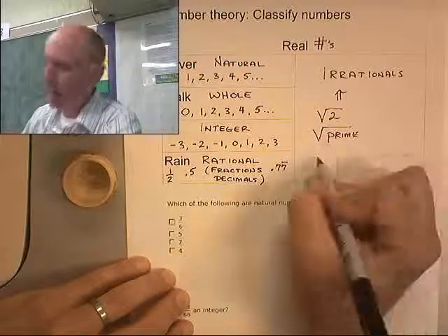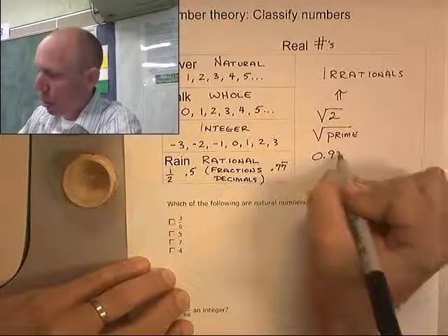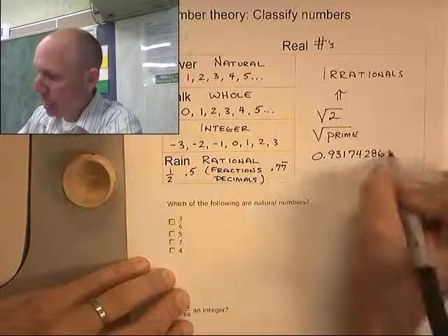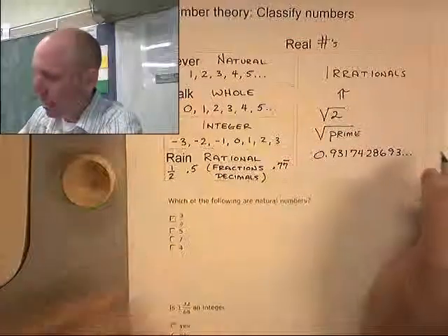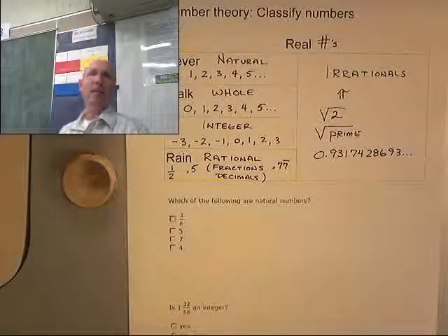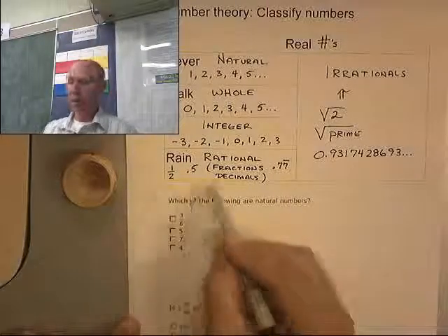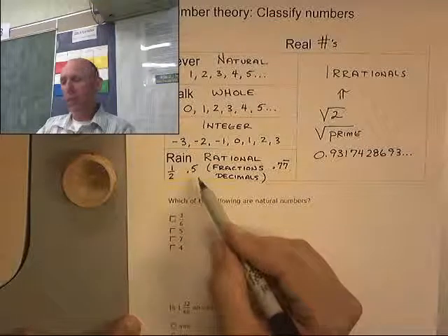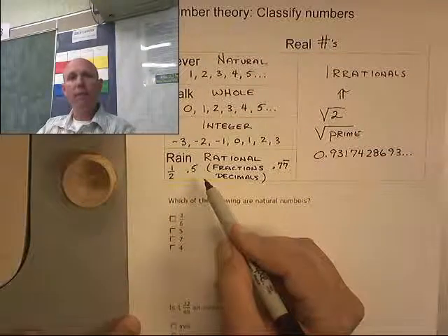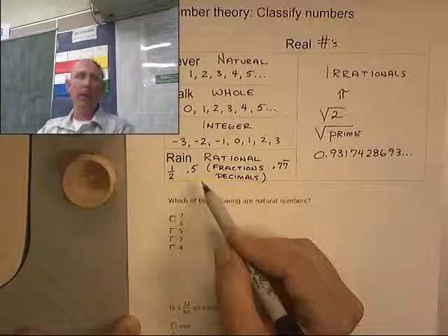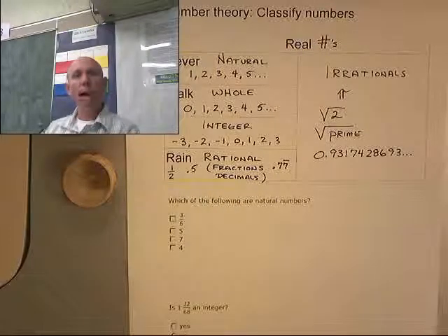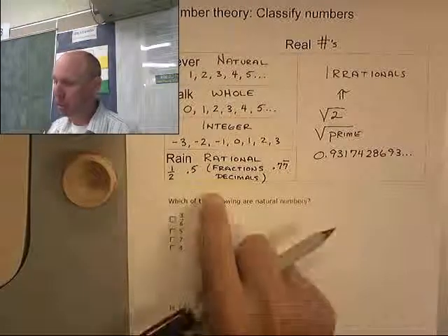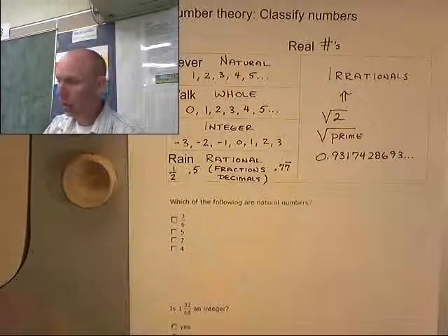These are like the crazy ugly numbers, like 0.9317428693 going on forever without repeating. That's an irrational number. The rationals are actually kind of beautiful. They have a pattern to them, like a 0.5 or a 0.55 or a 0.15151515. The rationals have a pattern, or they are fractions or nice little decimals. They're not all ugly like the irrationals.